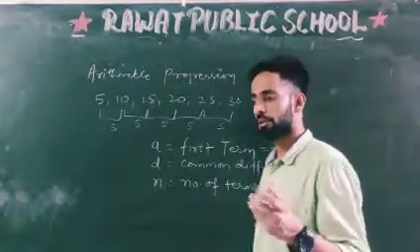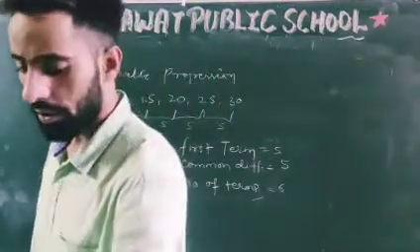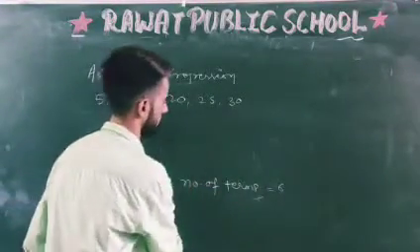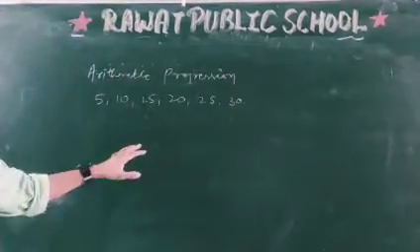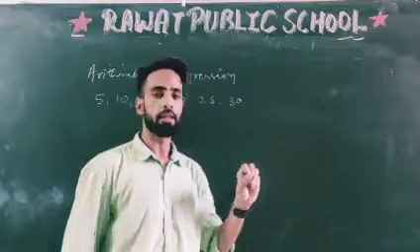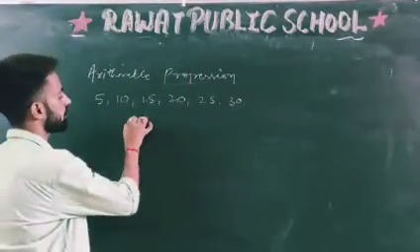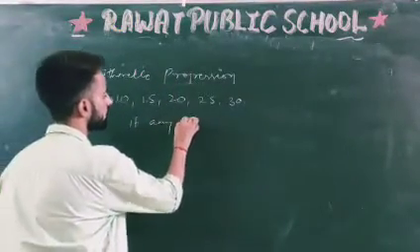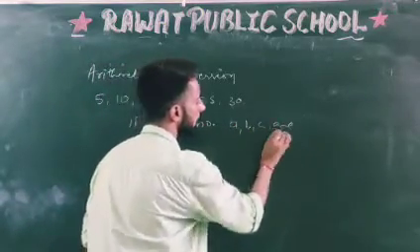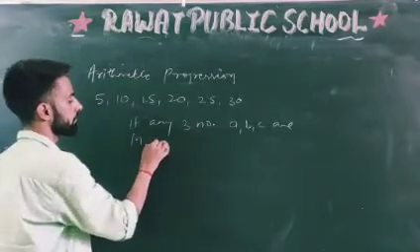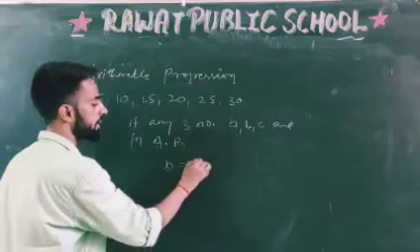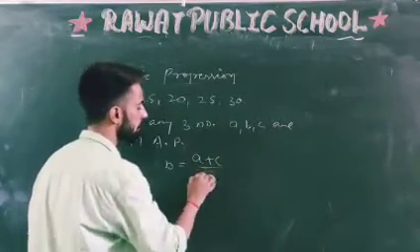Now let's talk about the arithmetic mean, AM. If we have this series here, then if any 3 numbers, let's say A, B, C, are in AP, in that case B can be written as A plus C by 2.